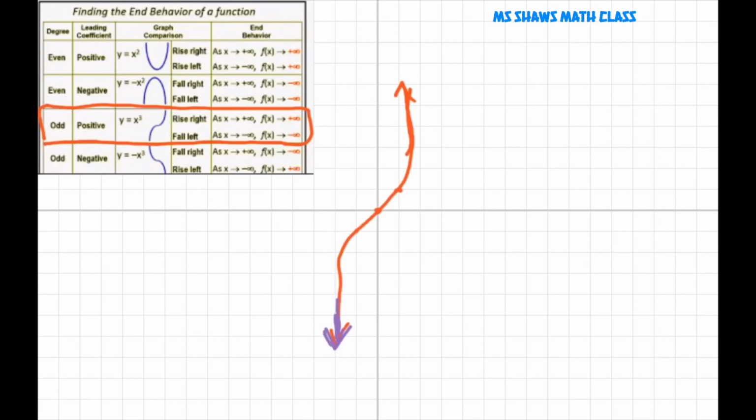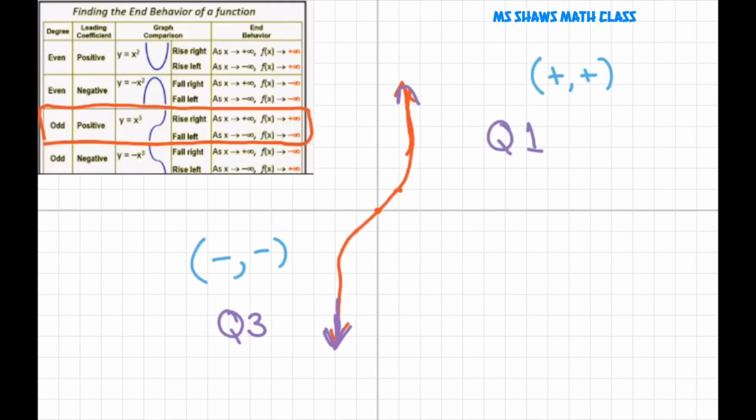That means we're starting as we graph from left to right in quadrant 3, and we're ending in quadrant 1. So in quadrant 3, my x is negative, my y is negative, and in quadrant 1, both x and y are positive.